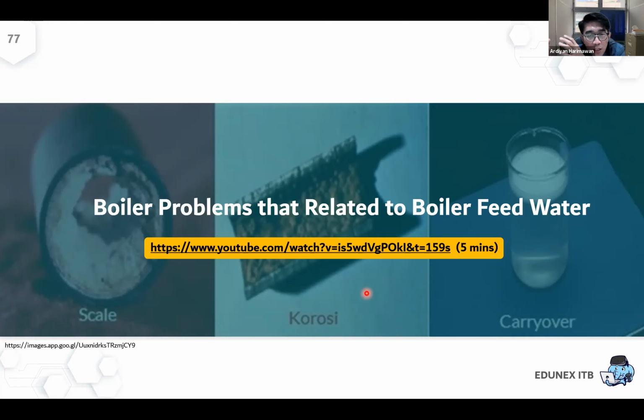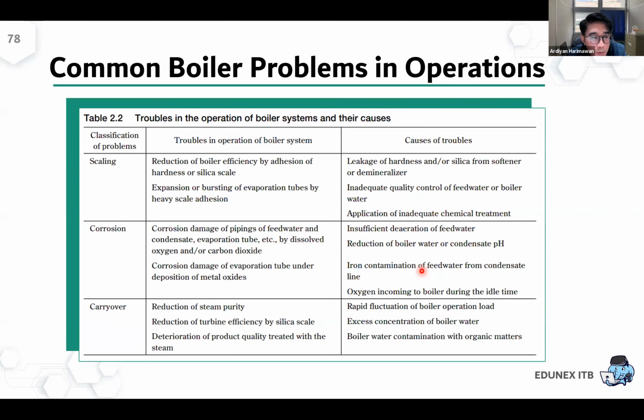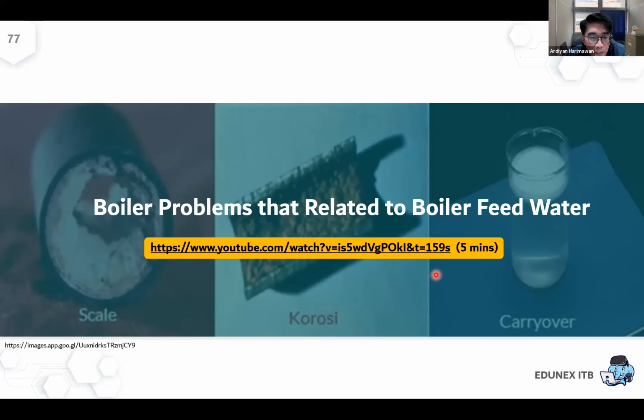But for low pressure, we just use softened water. So the problems will be different. Before I explain the common problems in the boiler related to boiler feed water, maybe I can show you a short video.